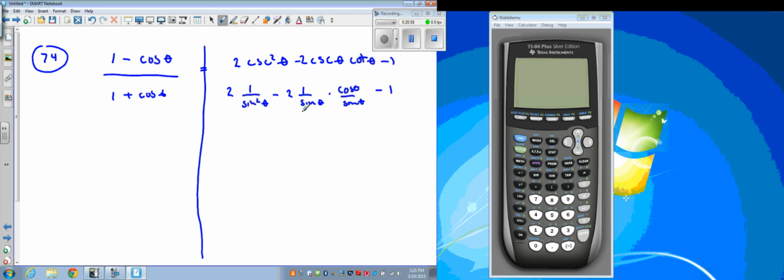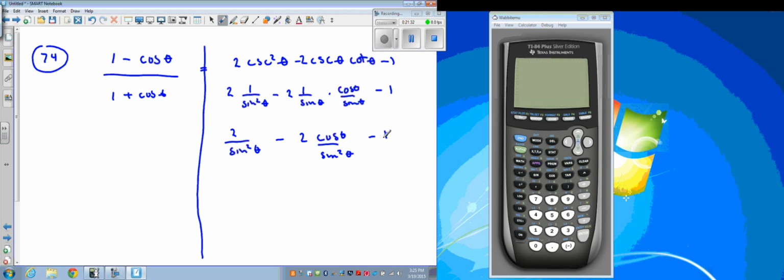Well, now notice these two things are really sine squared, aren't they? You have to change that minus 1 to a sine over sine. This is 2 cosine theta over sine squared theta. See that 2, that's all multiplied across the top. Minus 1.